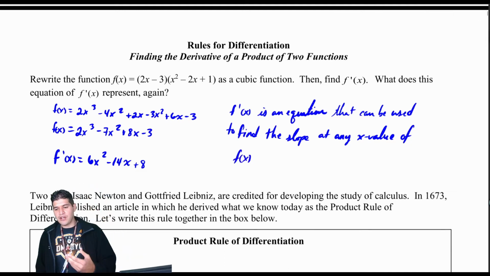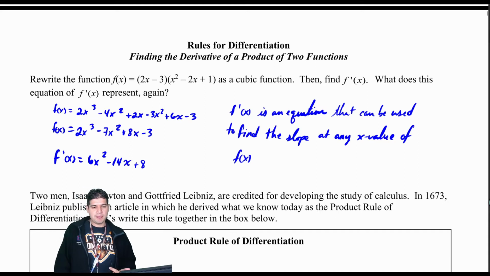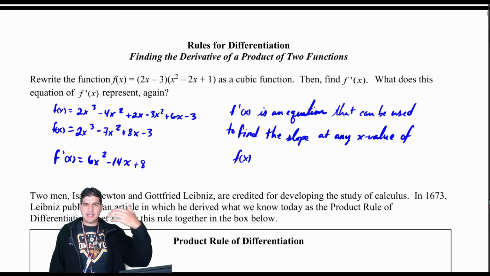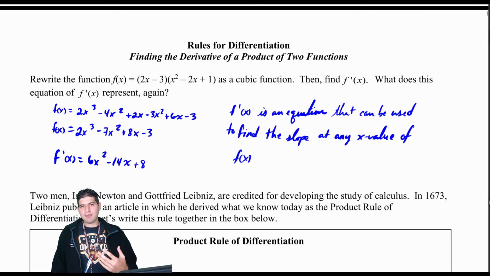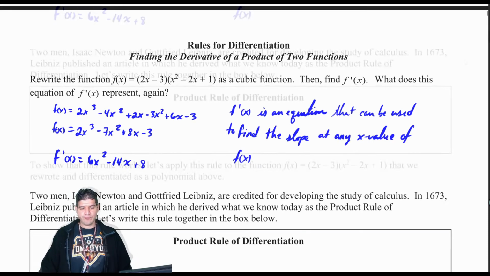So we just found f prime here, and we know we can distribute here and find the derivative using the power rule that we learned about in our previous module. And again, reiterating that idea, f prime is the slope that we can find at any x value for f of x.